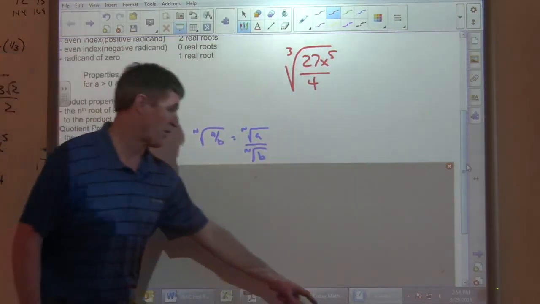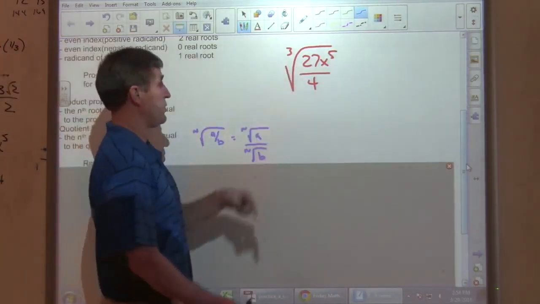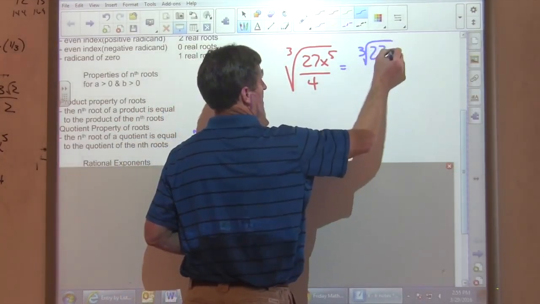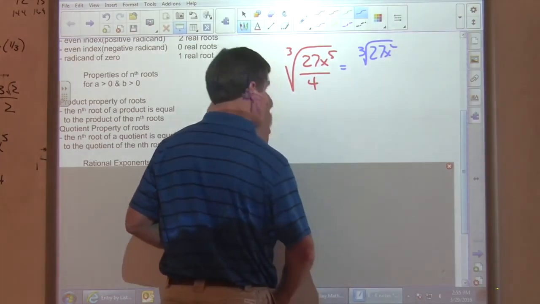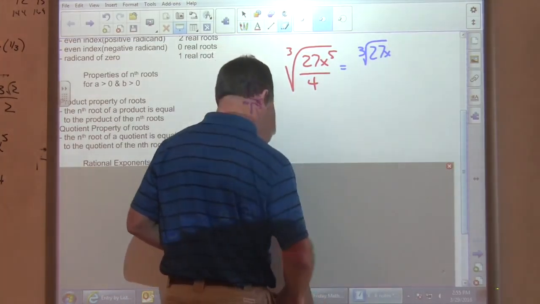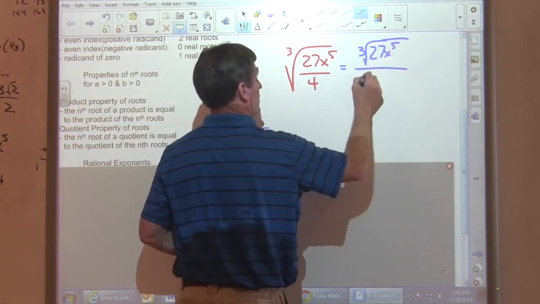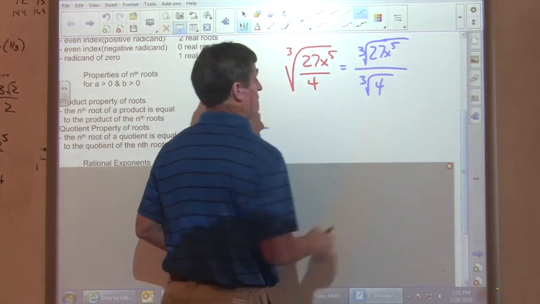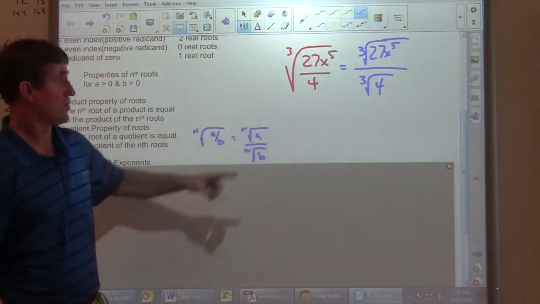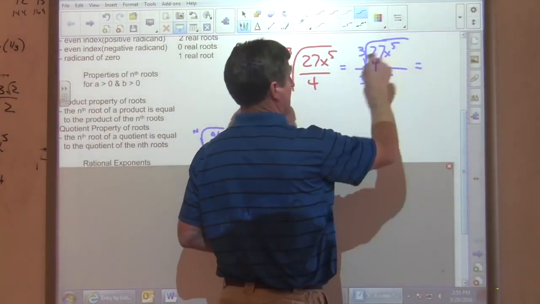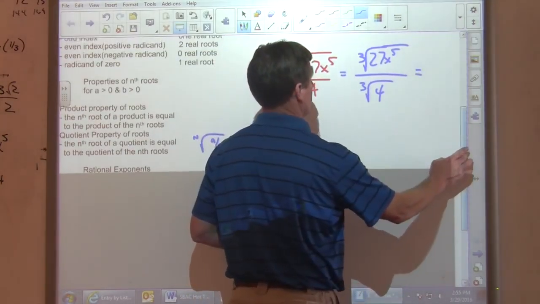Okay? So the first thing we're going to do is split this into two parts. So it's the cube root of 27x to the 5th over the cube root of 4. So we're going to simplify the numerator first. I can take the cube root of 27.